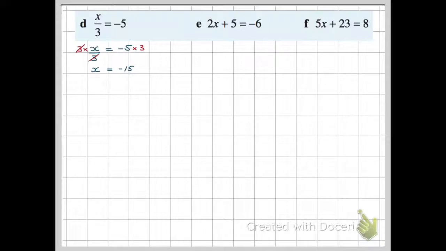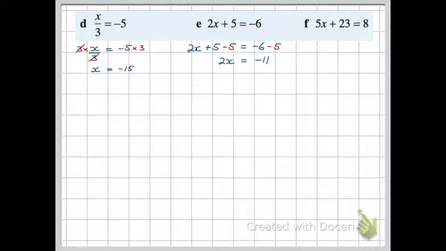We have 2 times x plus 5 on the left. We want to get x by itself, so we're going to remove the plus 5 by doing the inverse, which is to take 5. And we do that from both sides. 5 take 5 is 0, so on the left we have 2x, and on the right negative 6 minus 5.